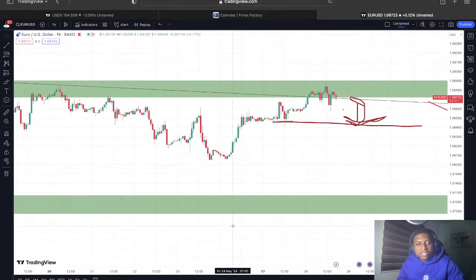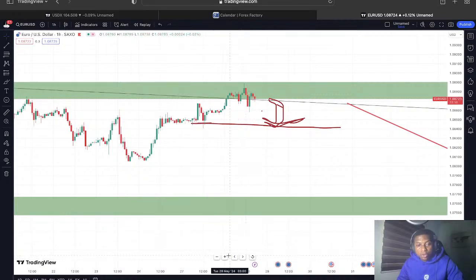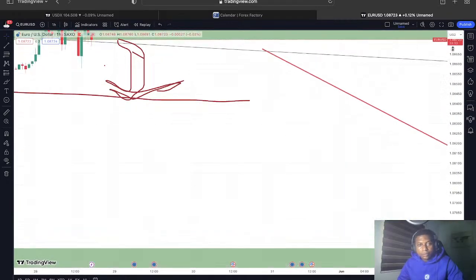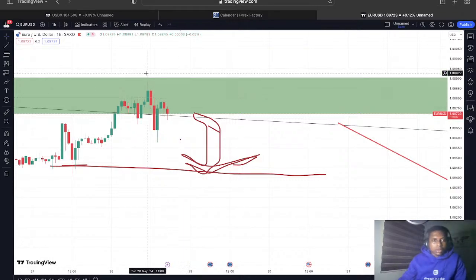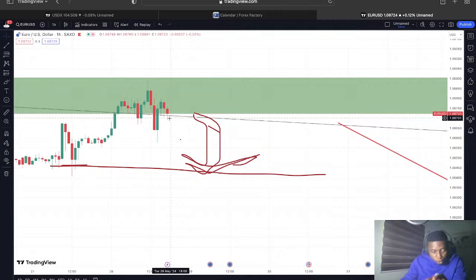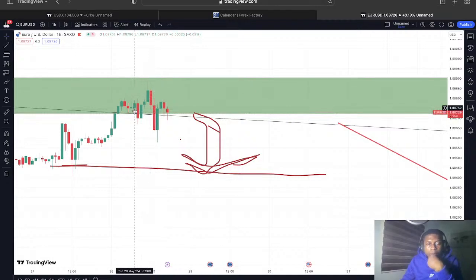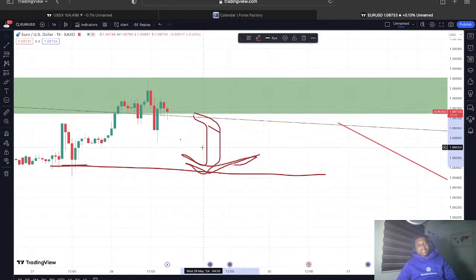Now we can obviously see that price has been consolidating at a support, resistance-turned-support zone. What I said earlier still remains the same.